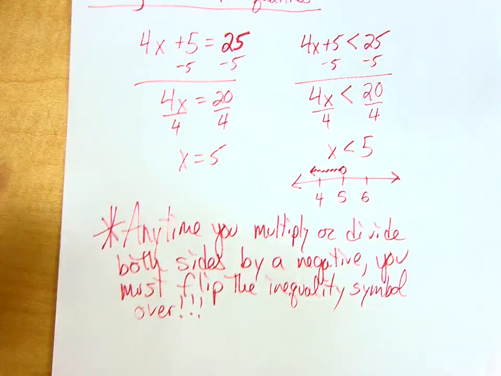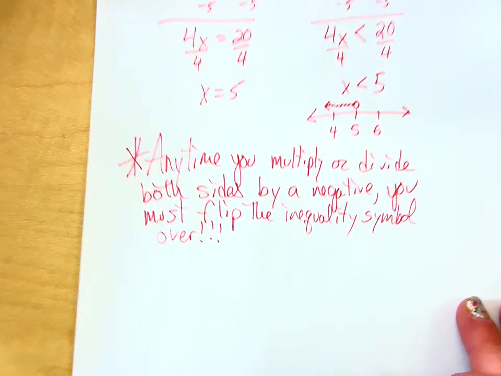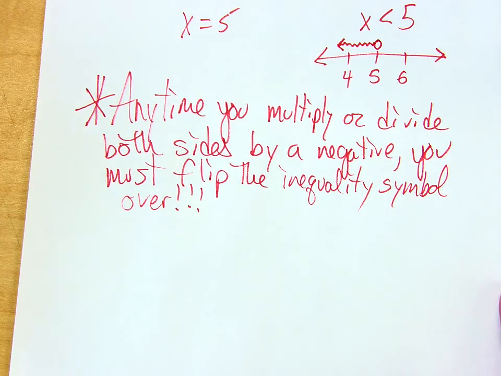But it's so important. So even though the rules are the same thing that we were doing yesterday, it's just now that it's two steps. But you can't forget this part.